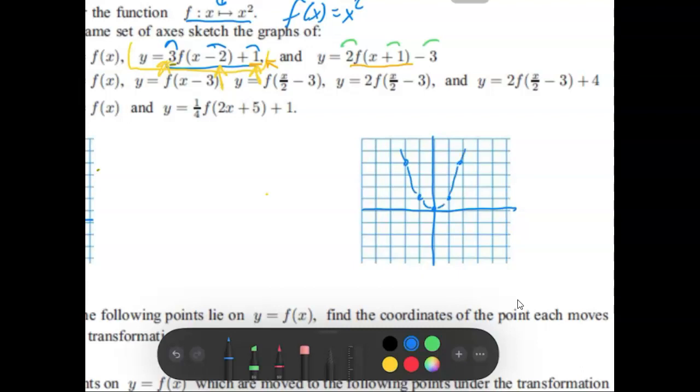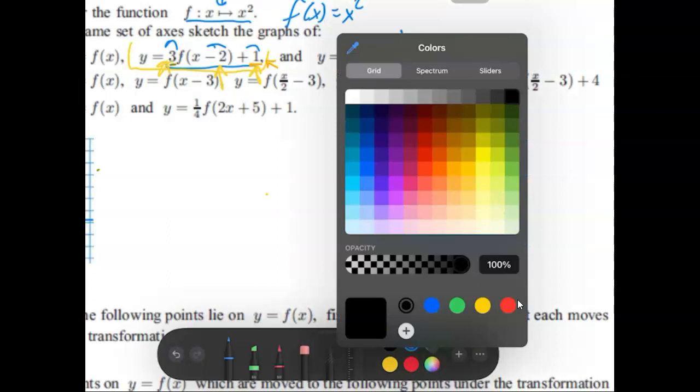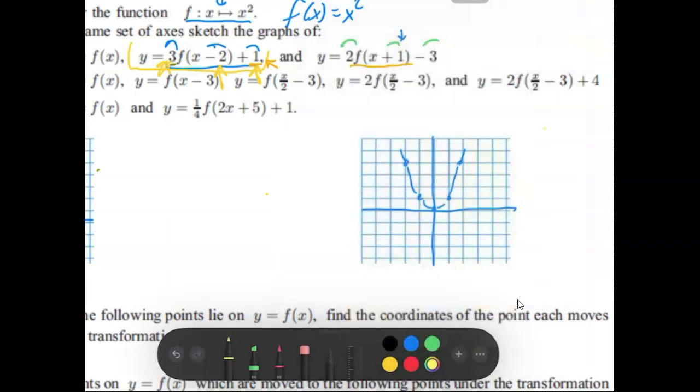Okay, there's the parent function. And then we're going to do this in PEMDAS order. So the first thing we're going to do is move it to the left by 1 because it's plus 1, right? So we're going to move it to the left by 1.